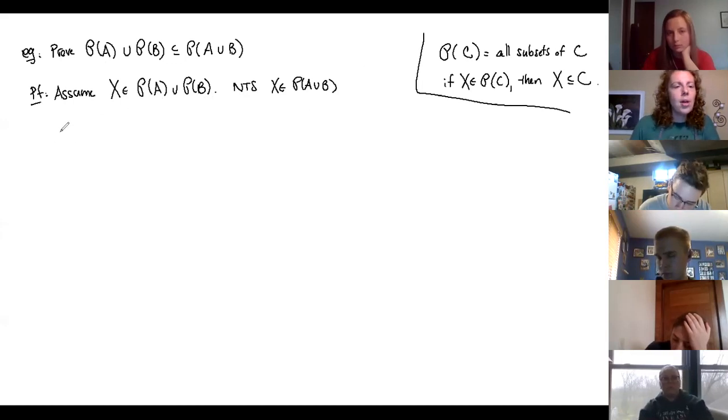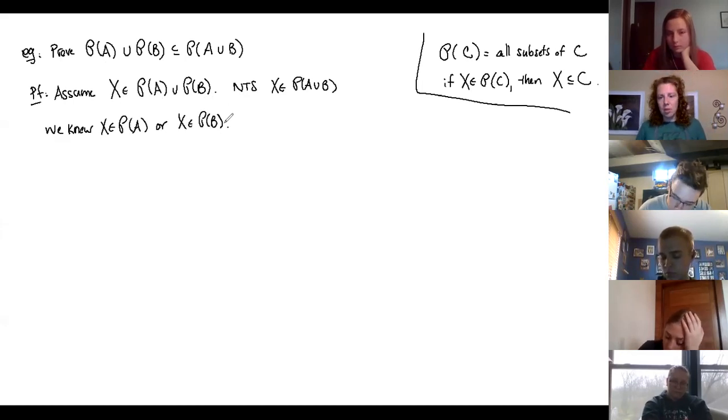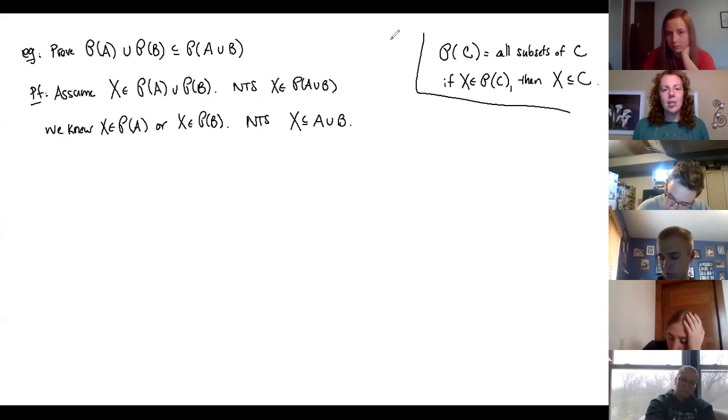All right, so what this means is we know that X lives in the power set of A, or X lives in the power set of B, right? Union goes with or. So we know that X lives in the power set of A, or X lives in the power set of B. And I need to show that X is a subset of A union B. That's what would have to happen in order for X to live in the power set of A union B.